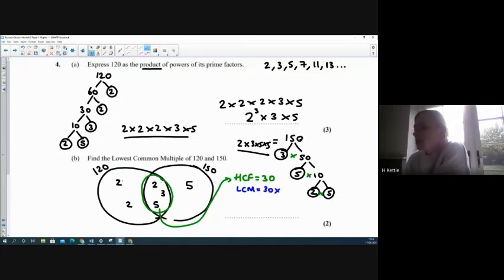So 30 times 2 times 2 times 5, which is going to be 120 times 5, which is 600. So that would be my answer. What we've essentially done there is found the first number that's in the 120 times table and the 150 times table, and that's 600. The lowest common multiple, because it's a multiple, is going to be bigger than both the numbers, as it's in both their times tables.